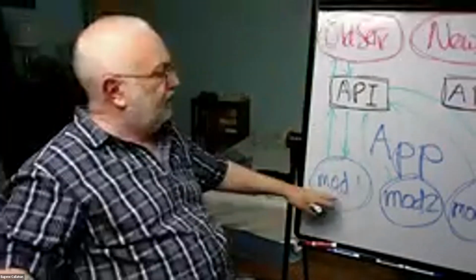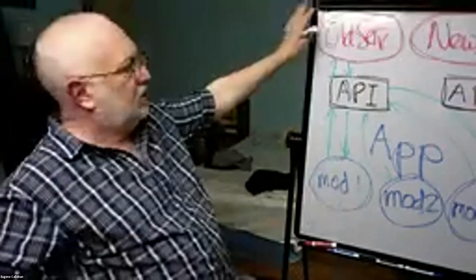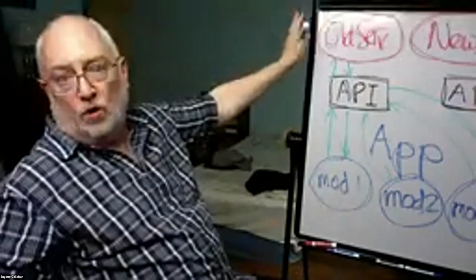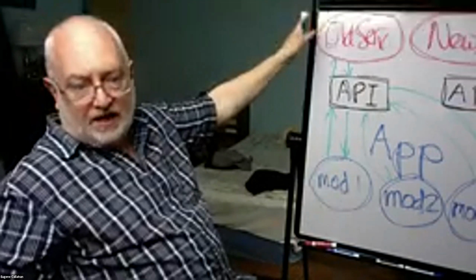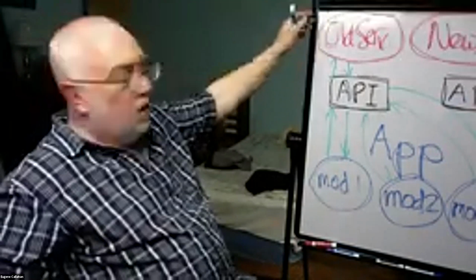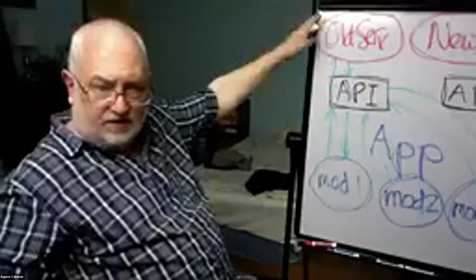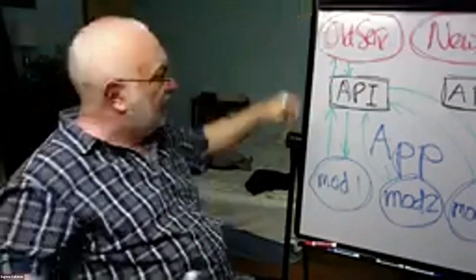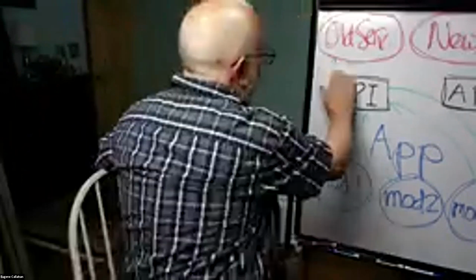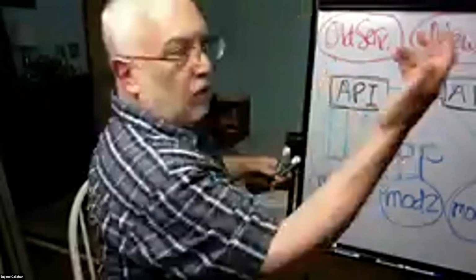If we were going straight from our application to directly making calls into the old math library, this process is much harder. What we should do is have a pass-through that we've written that makes calls into the old math library, because then we can do this. This is my new whiteboard eraser here, very elegant. We make these calls into the new API that interfaces with our new service.